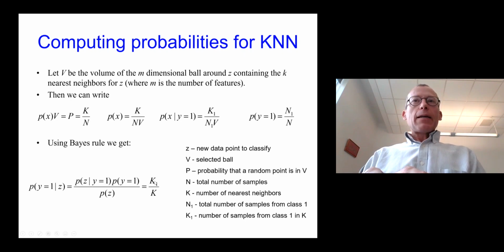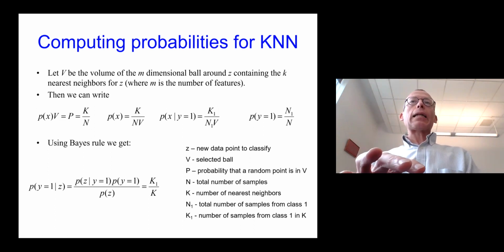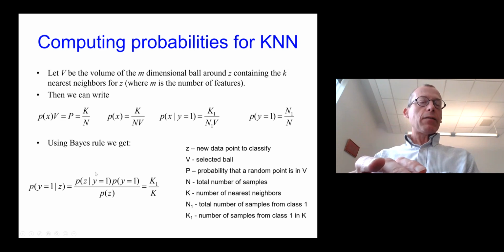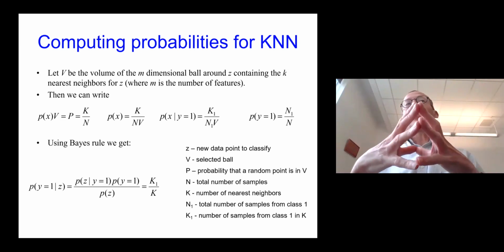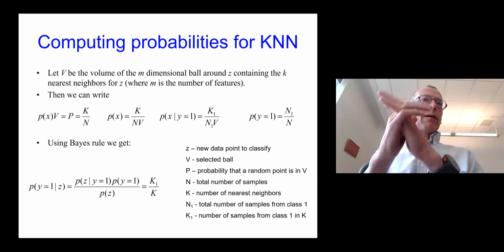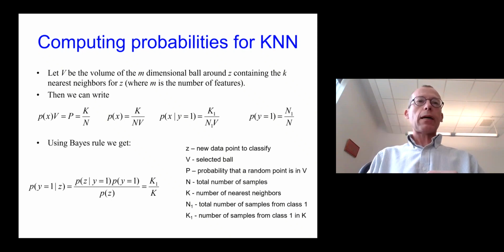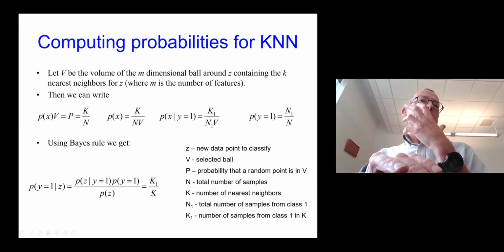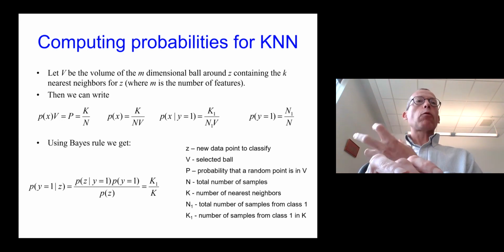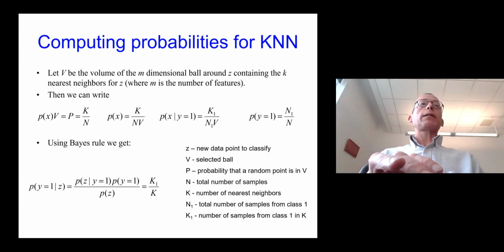So basically, what this means is that if we believe the local probabilities that we defined, and of course we have to make assumptions that there is some uniform probability within a ball of being in that class, and we use the observed values to determine probabilities, then k1 over k is the Bayes decision rule, or that's the decision that we will come to if we use the Bayes decision rule with the probabilities we derive.